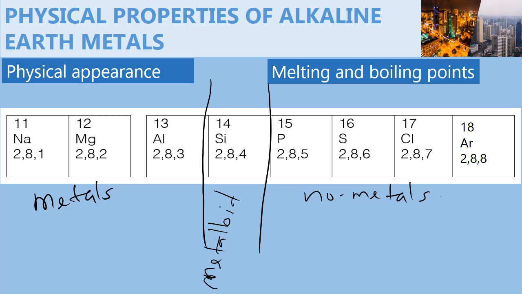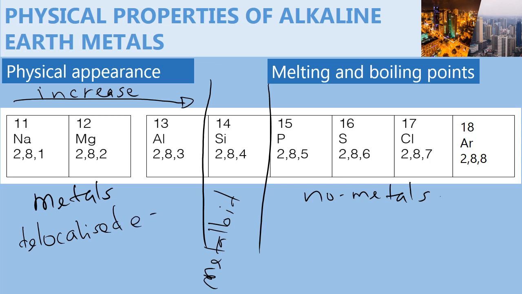As for the metals, the melting and boiling points increase from left to right because there is an increase in the number of delocalized electrons that increases the strength of metallic bonds.